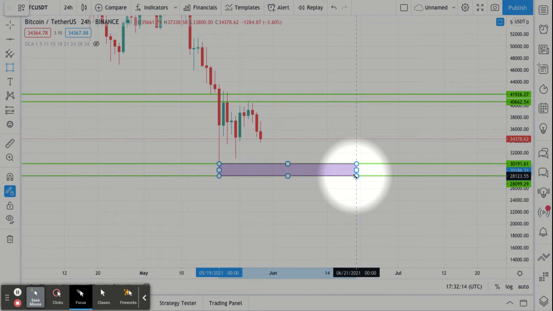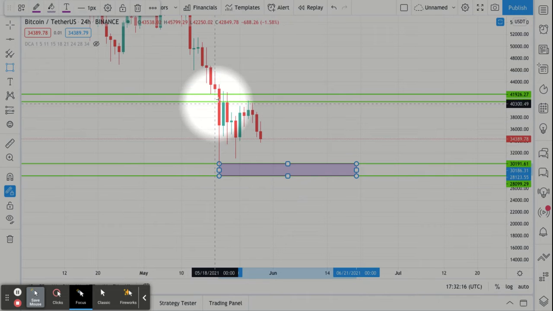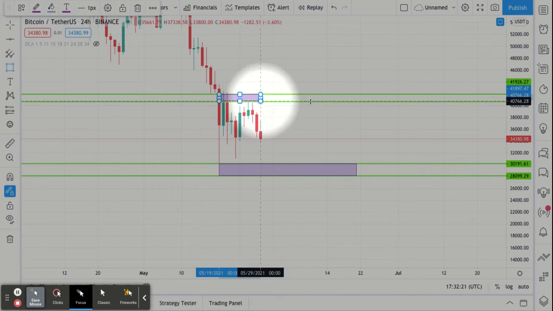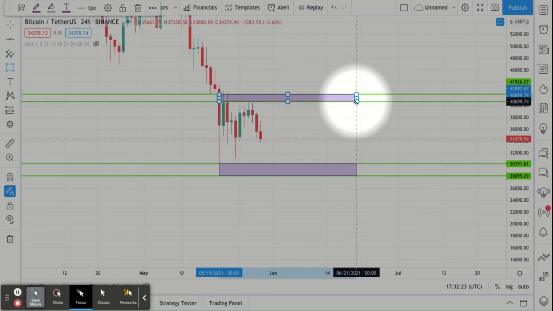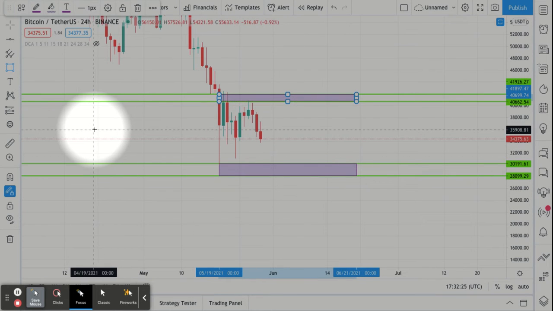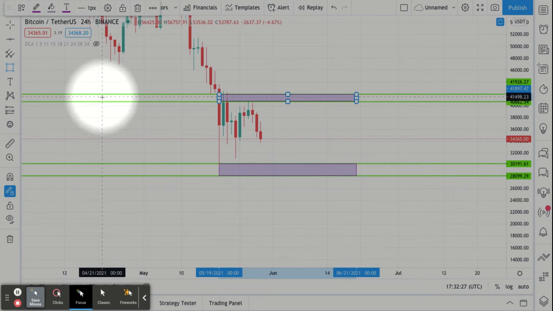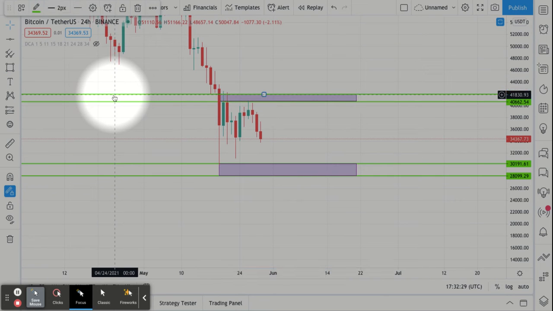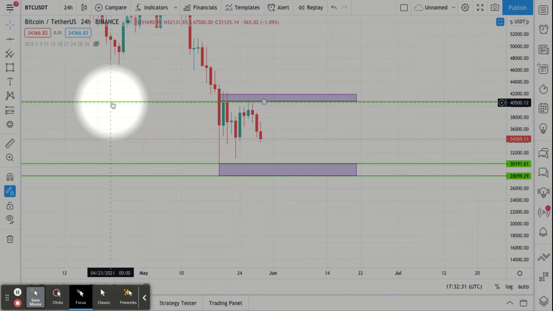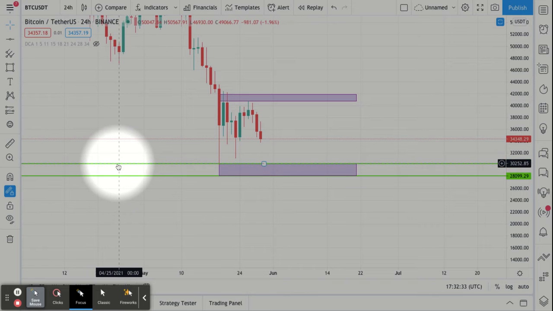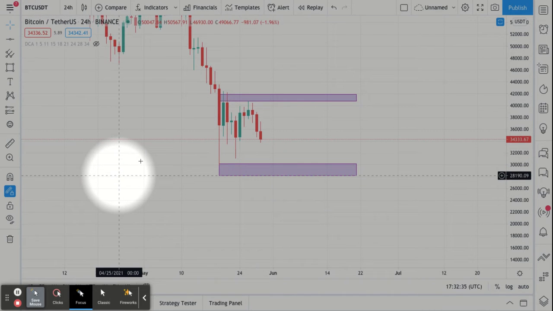So I'm going to put a zone right there. There's one zone. I'm also going to come up here and I'm going to put another zone. Okay. Now I'm going to then take away my green lines because I'm not worried about necessarily your horizontal lines. I'm worried about the boxes.